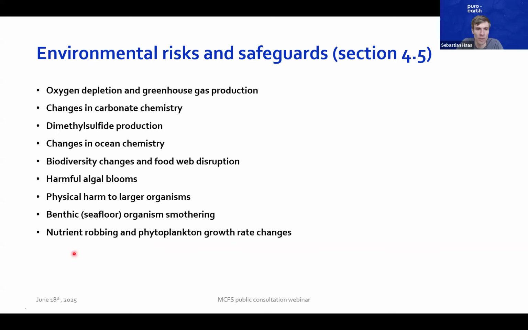And then also using stoichiometric concepts like the Redfield ratio to translate nutrient concentrations into biomass and growth rates.